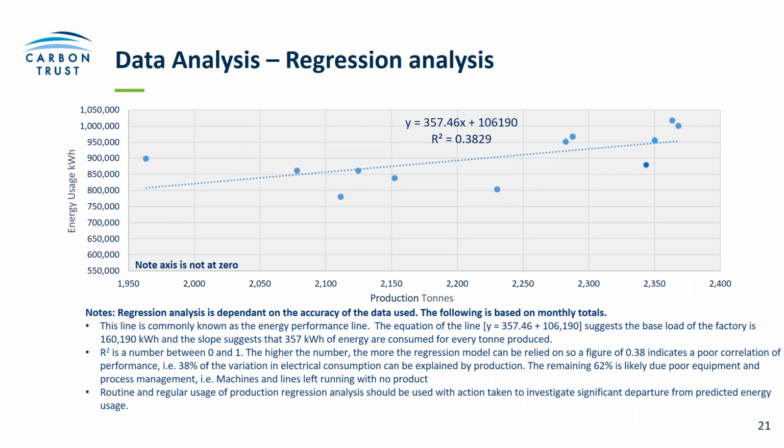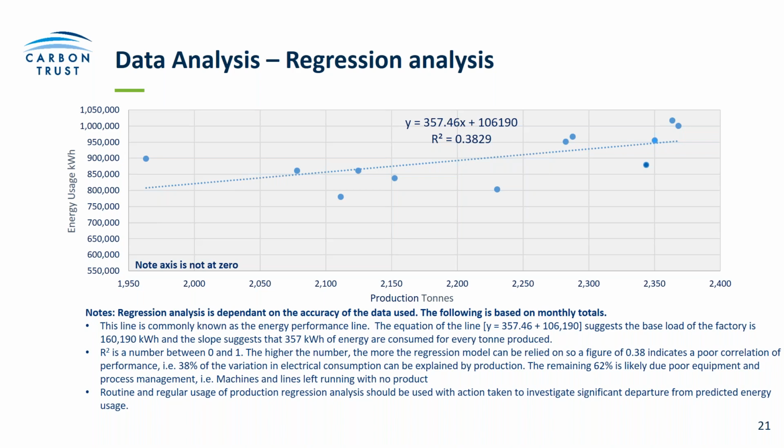That's a fairly standard function in Excel, where you're plotting a scatter graph of the energy used and the production in tons. That gives you then the equation of the line, which is y = mx + c, and that's able to tell you quite a bit.